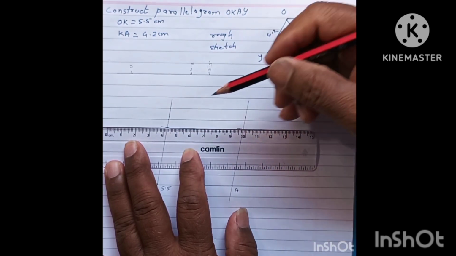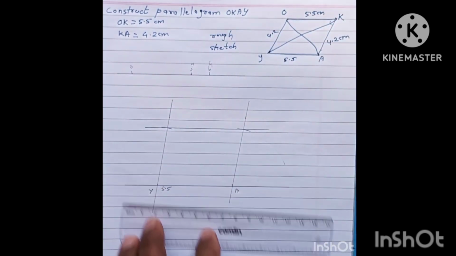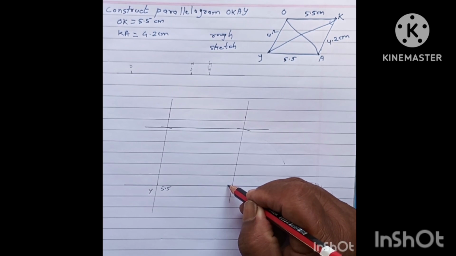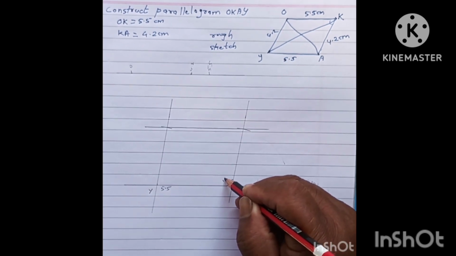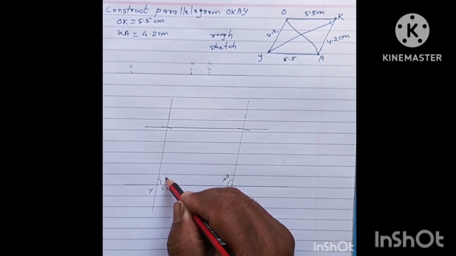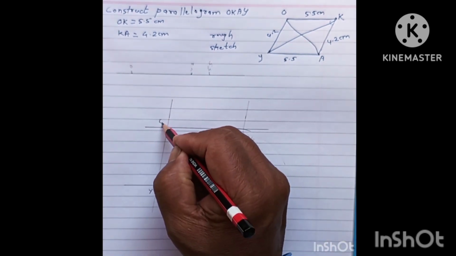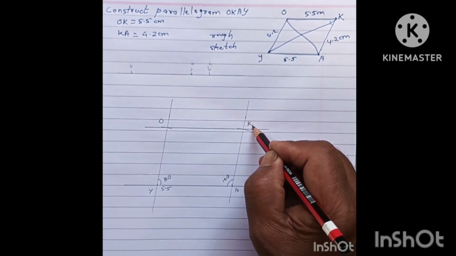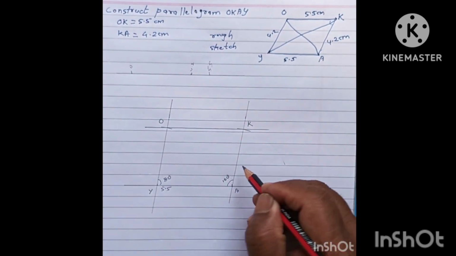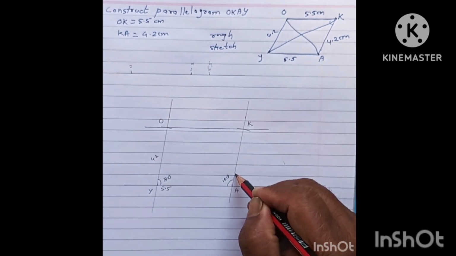Take your own time, because I told you almost four or five times that you are not supposed to erase or rub anything. So this is 100, that angle is 80, O and K. Now distances: this is 4.2, this is also 4.2. I'm writing it down here.